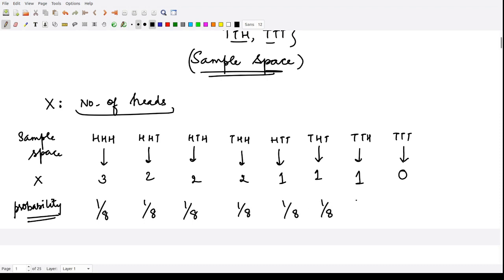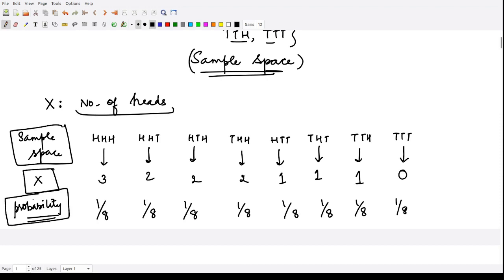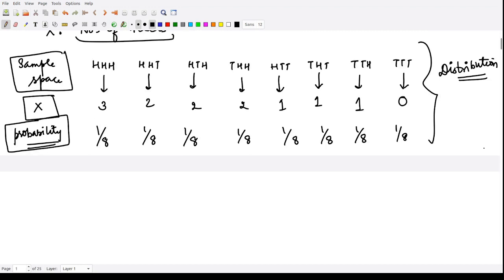What I have done is associate with each element of the sample space a number, which is known as the random variable, and according to that I have defined the probability for each member of the sample space. So this forms the distribution. This is a very simple example where you can understand how we define the probability distribution and how we list the random variable.